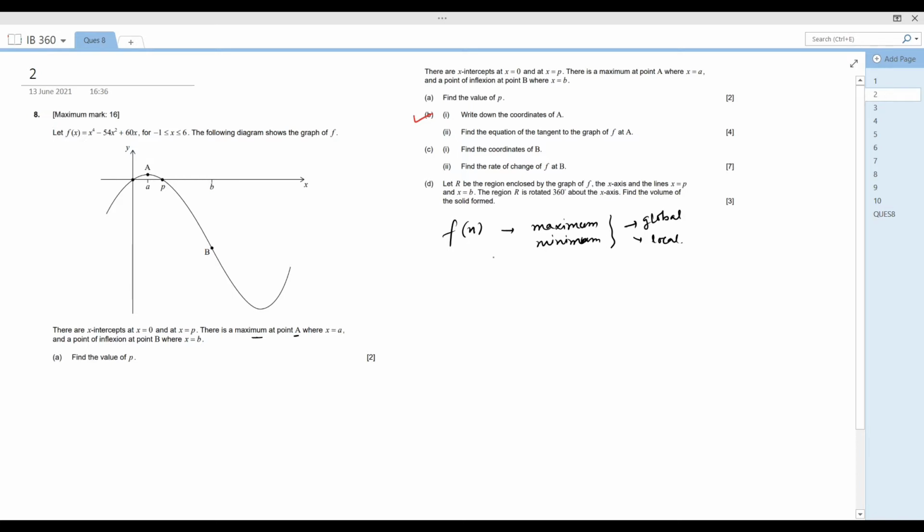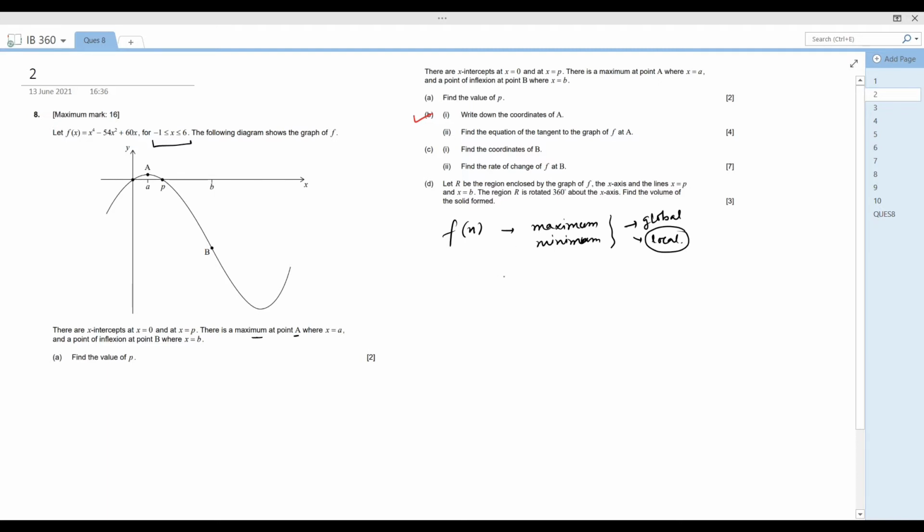For this equation you can see that there is one range, so we have to find the local maximum and local minimum. For that, the concept is we have to find f dash x, and from f dash x we can find the maximum and minimum.